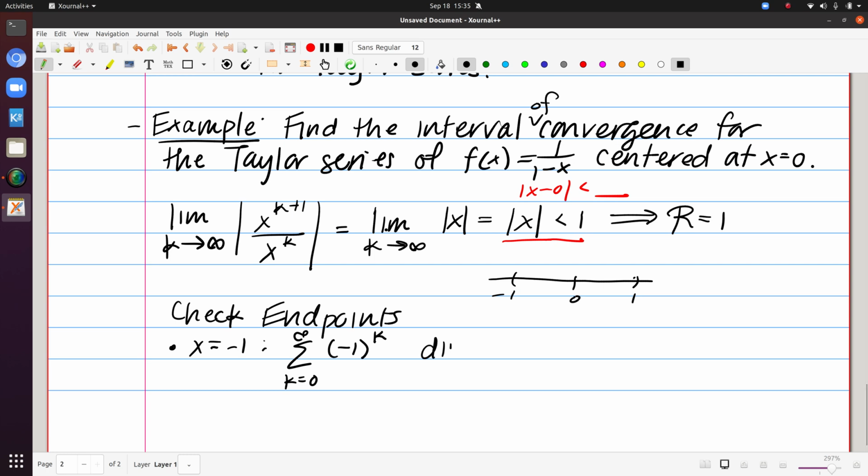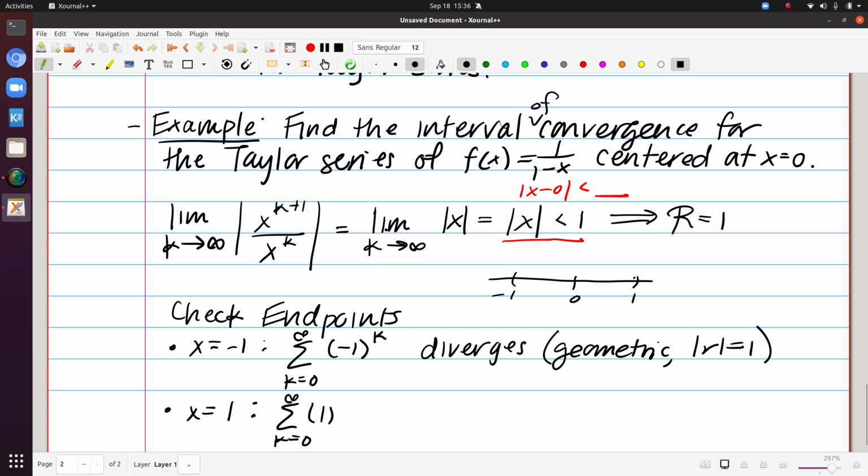And this series diverges. You could either reference the test for divergence or note that it's geometric with r in absolute value equal to 1, whereas we need it to be strictly less than 1 to get convergence. If I plug in positive 1, we're going to get a very similar result. This too diverges.